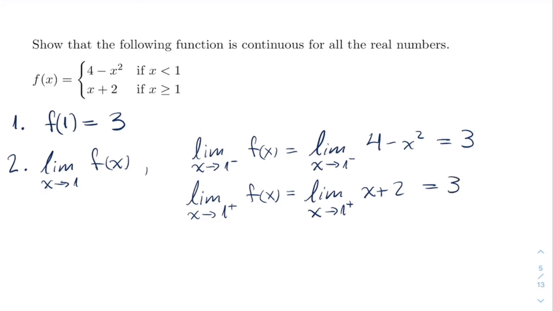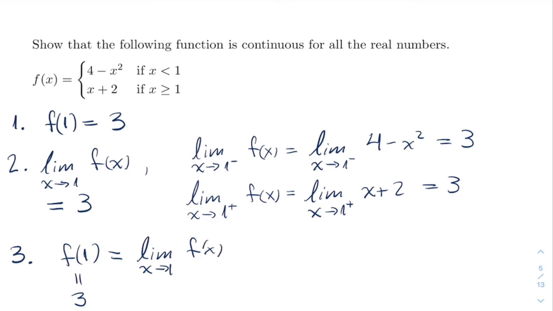So because the two one-sided limits agree, we can say that the limit is equal to 3. And notice that with this, we're checking the third condition, that the limit, which is equal to 3, is equal to the value of the function, which is equal to 3. So the third, let's write it down. We have that f of 1, which is equal to 3, is equal to the limit when x goes to 1, which is also equal to 3.